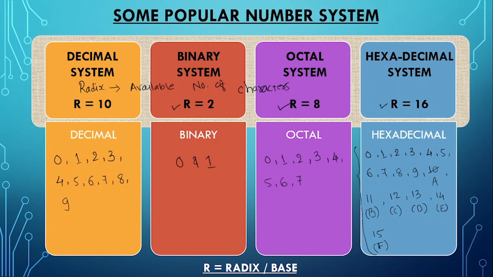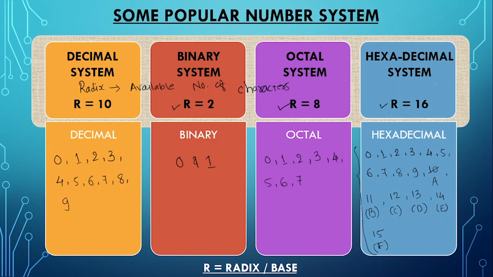As our lecture series progresses, we will learn how to convert any number from one number system to another number system. So for this discussion, do not worry about the conversion. This particular lecture is only the introductory session of number systems.